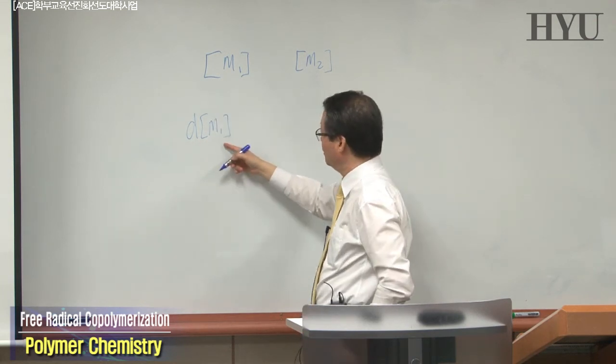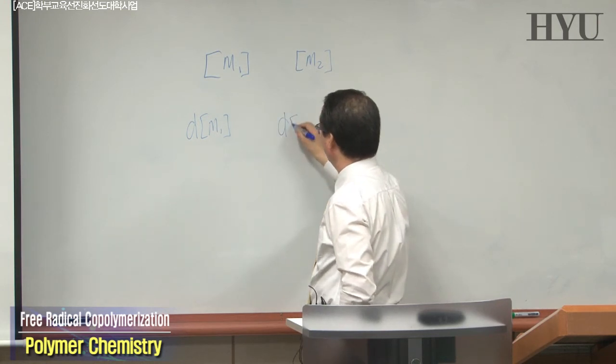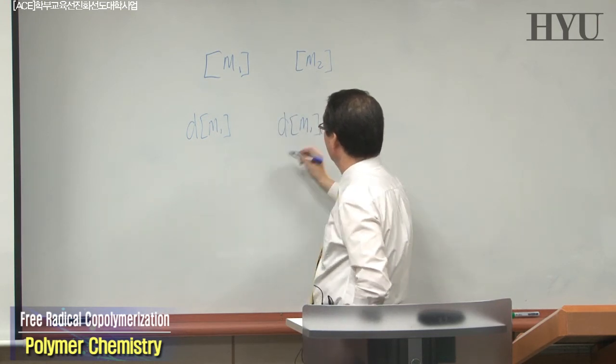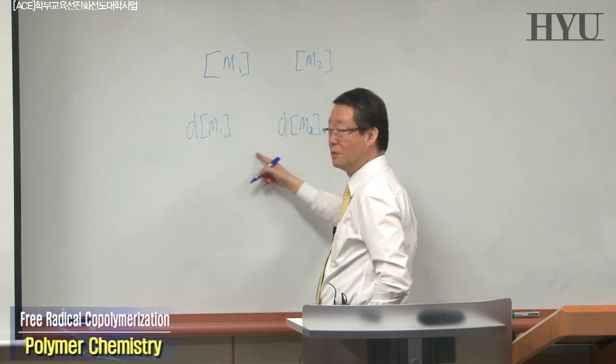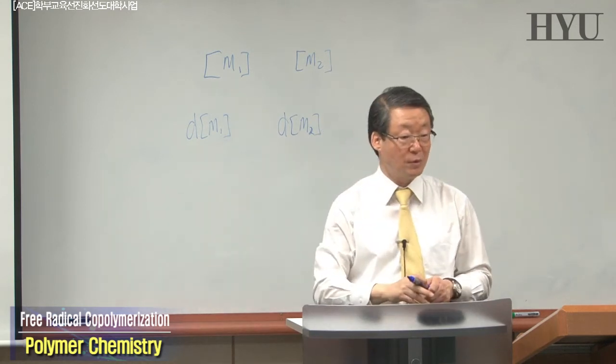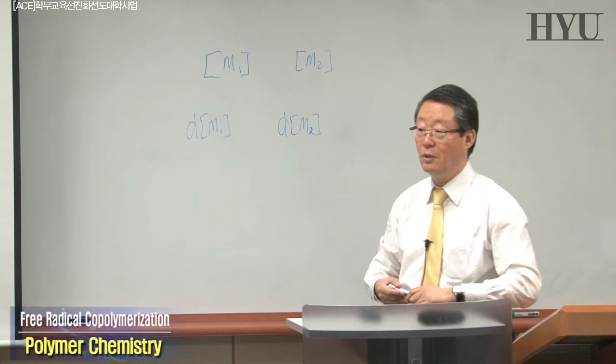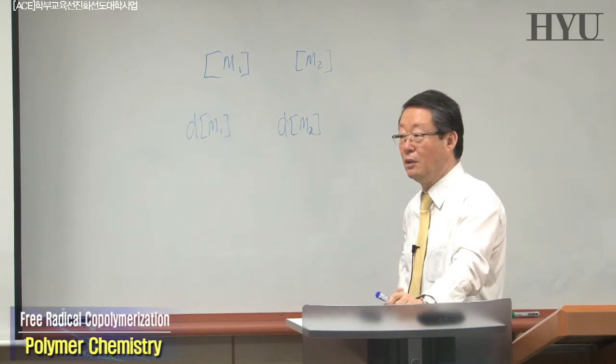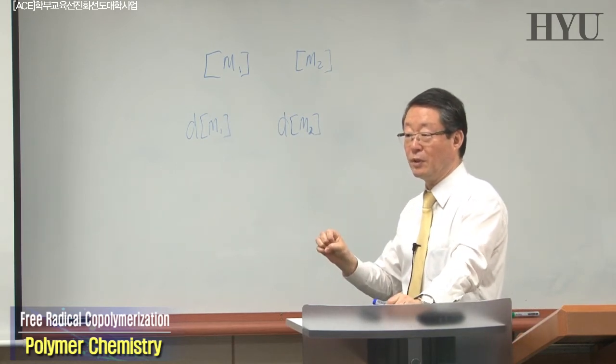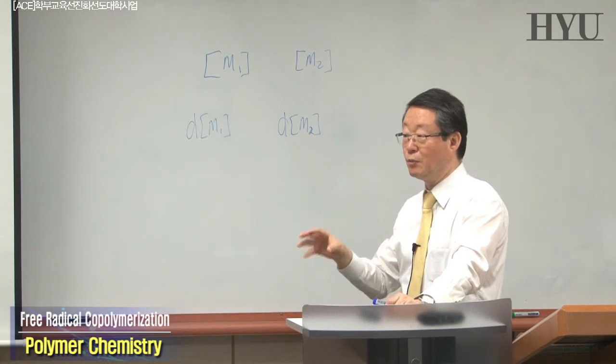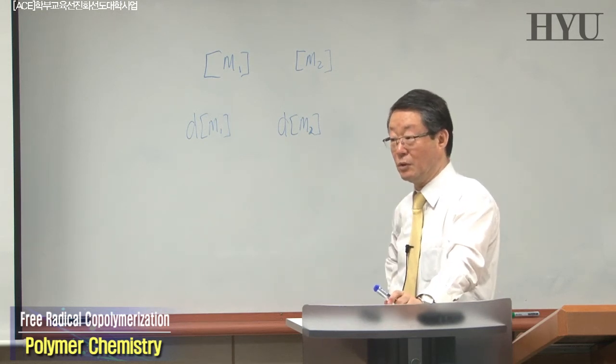So dM1 could be the monomeric units in the copolymer systems. dM1 or dM2 may not be the same as the initial concentration of monomeric units, M1 and M2, that you put in the reactor.